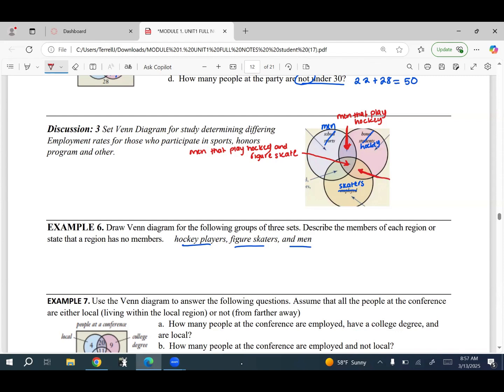You look at what overlaps here, skaters and hockey. Also I want to note here, men is not part of this piece. So that implies these are women that skate and play hockey.